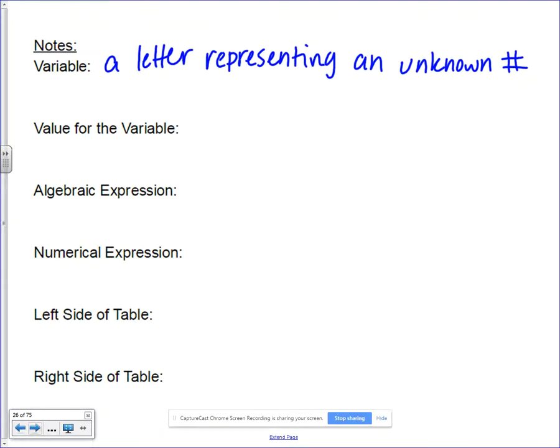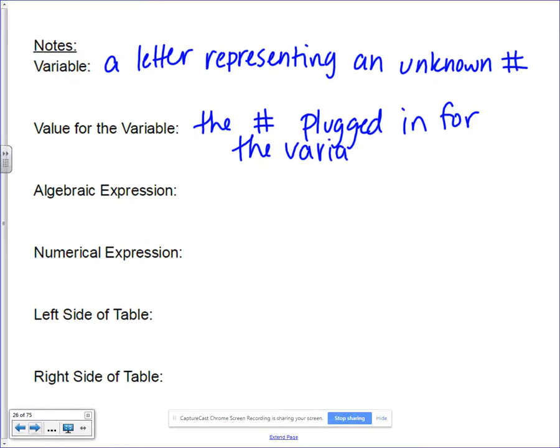Yeah, it's the number that you're going to put in for the letter. The number plugged in for the variable. Now, if I tell you that x is 7, that means you're going to put in a 7, right? Do you leave the variable in there or do you take it out?